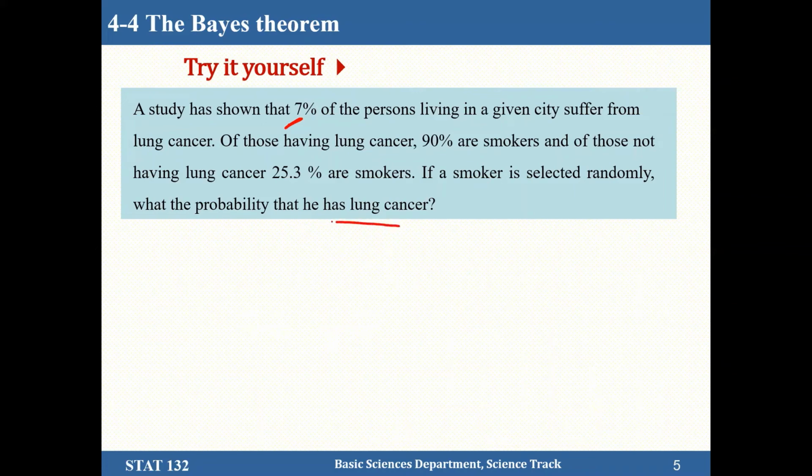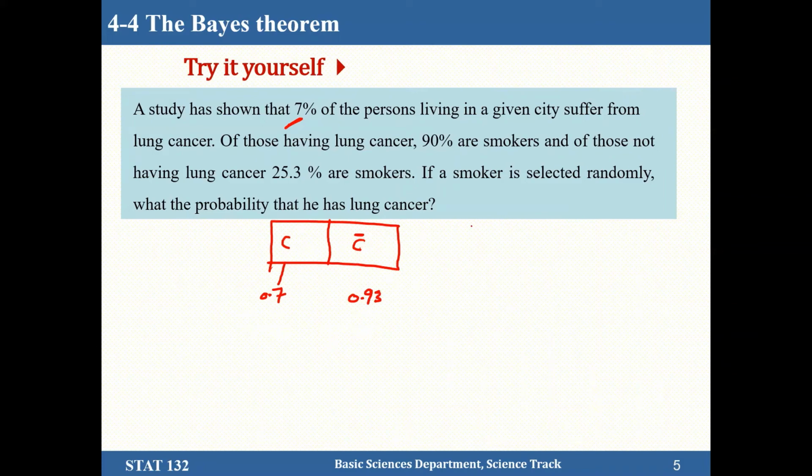Again, our city is our sample space. We divide this city into two parts. Part 1 is lung cancer, say C, and this is not lung cancer, C complement. Already this is 0.7, and the complement will be 0.93. Just like A1, A2.